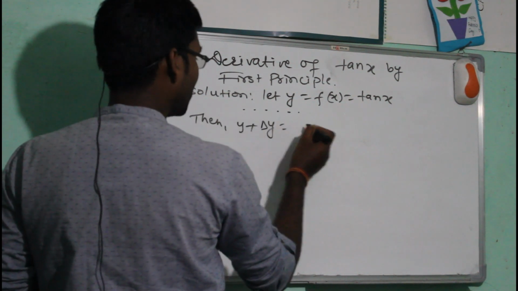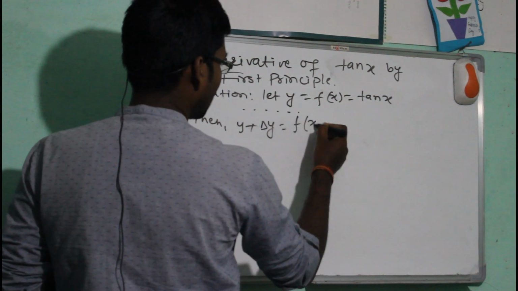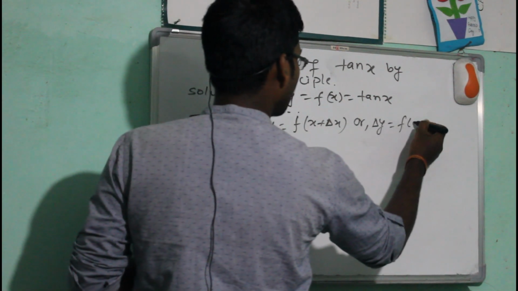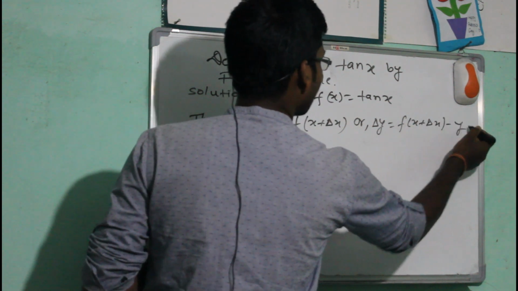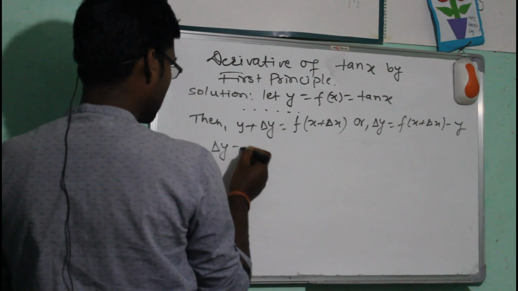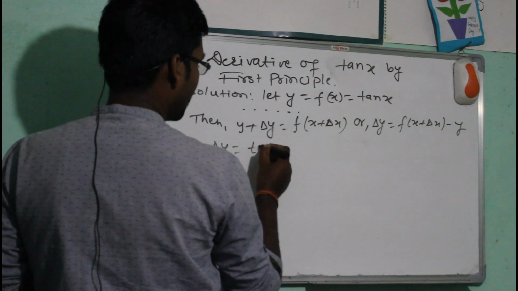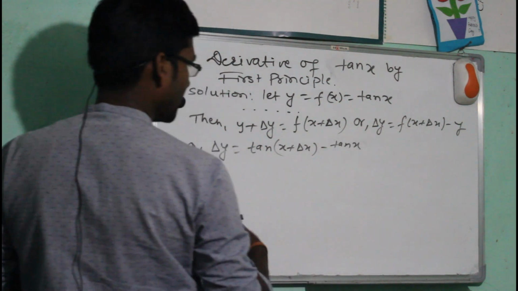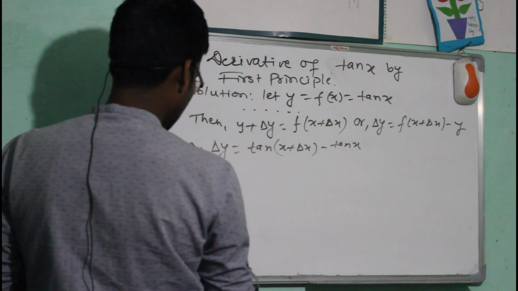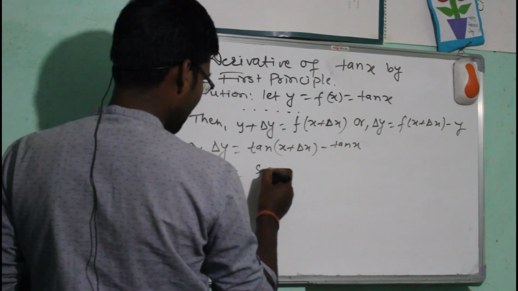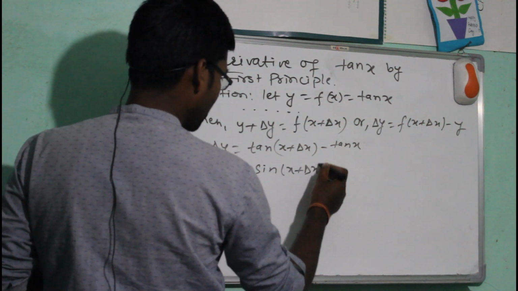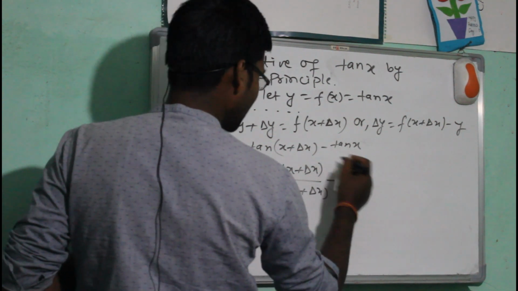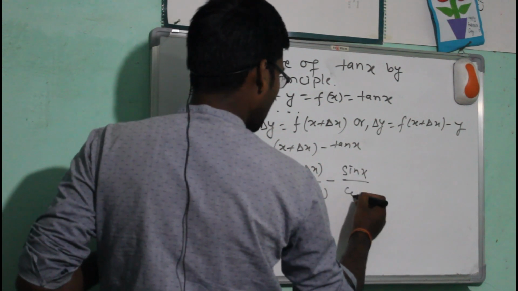y plus delta y equals f of x plus delta x, or we can write delta y equals f of x plus delta x minus y, or we can write here delta y equals tan (x plus delta x) minus tan x, and this can be further simplified as, let's change tan into sine and cos, so it will be here sine (x plus delta x) by cos (x plus delta x) minus sine x by cos x.